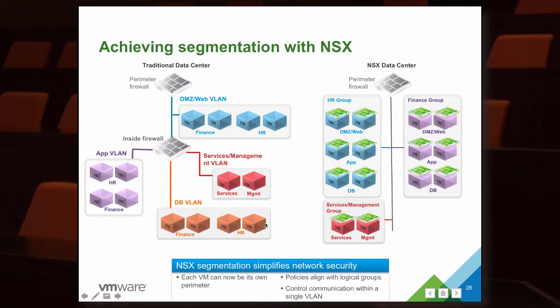So this is what we look like if we move from the traditional to the NSX data center. Inside of the traditional data center, again, average data center has a couple of firewalls and thousands of workloads. It may have the perimeter and then the inside firewall. Inside the perimeter firewall, we've got all our DMZ machines, and then inside we've got a VLAN for apps, a VLAN for databases, VLANs for services, management, dev, test, whatever the case may be. And we also have a limited number of VLANs.